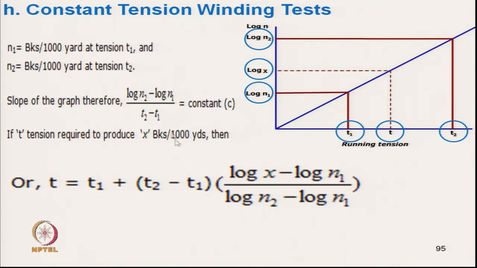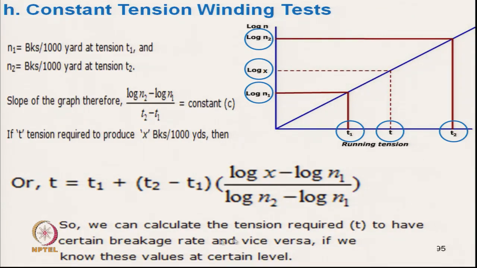We know the slope and the constant here, so from there we can calculate. So, we can calculate the required tension if we want any known value, or vice versa. If we know the tension, we can predict how many breaks there will be, that is also important.